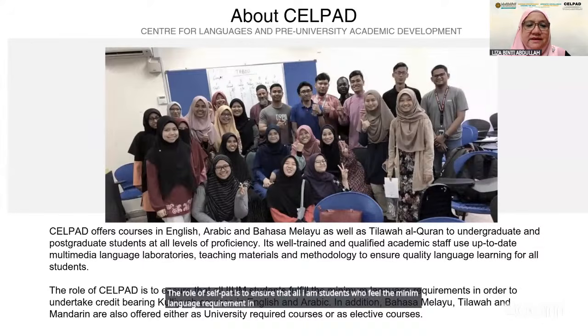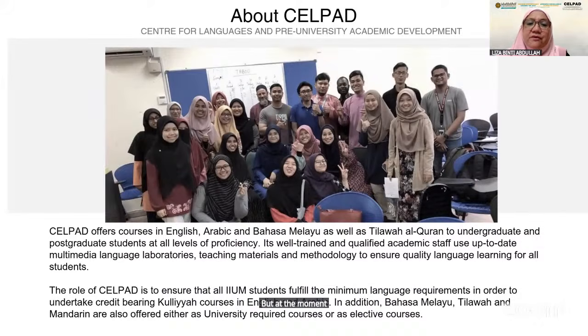The role of CELPAD is to ensure that all IIUM students fulfill the minimum language requirement in order to undertake credit-bearing kuliah courses. But at the moment, some of you are already taking kuliah courses, so now you can do both. If you are in the higher levels, you can take the language courses as well as kuliah courses.